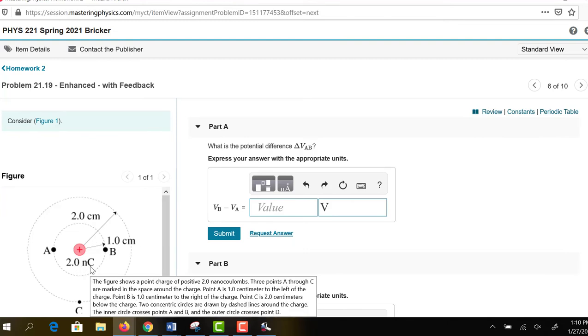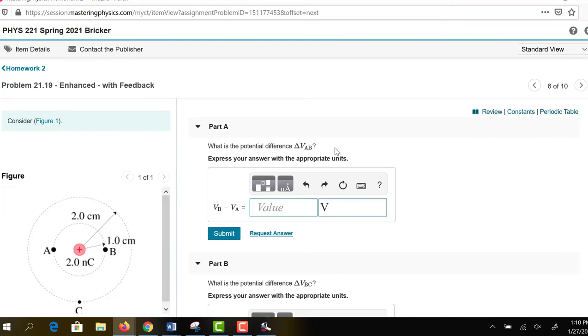Okay, so here's a point charge, 2 nanocoulombs. We want to know what's the potential difference, delta V from A to B, which is the voltage at B here minus the voltage at A, which is here. Now, if you notice, this is a point charge. The formula for the voltage due to a point charge is KQ divided by R, where R is the distance away.